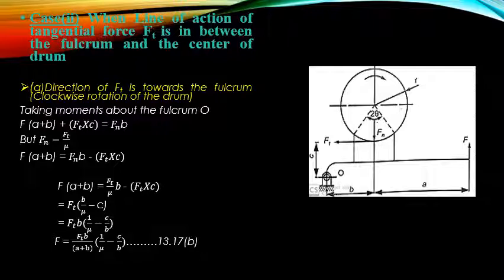Substituting that, F into (A plus B) is equal to Ft B by mu minus Ft c. Taking Ft outside, Ft into (B by mu minus C). Taking B outside, Ft B into (1 by mu minus C by B). So the effort F is equal to Ft B by (A plus B) into (1 by mu minus C by B).